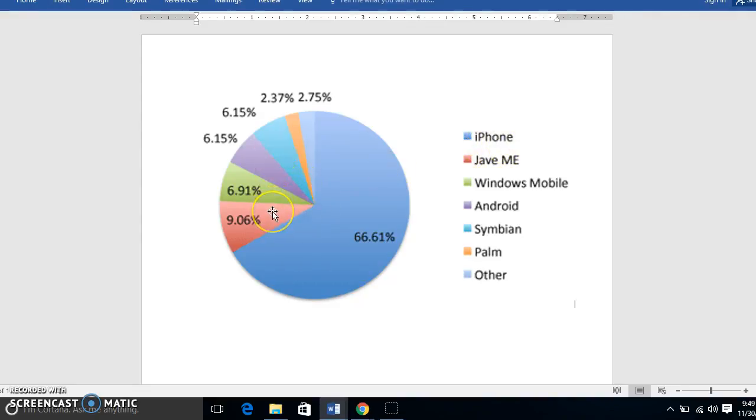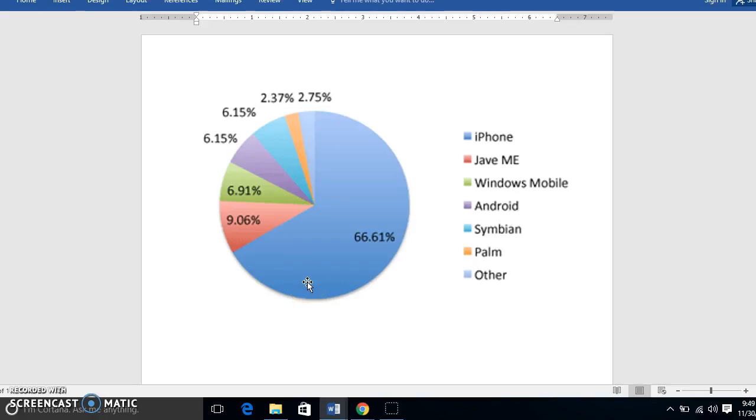Secondly, in McGuffey would be, I would say, Android. Now, according to this market share, JAWV ME phones are the next most popular.